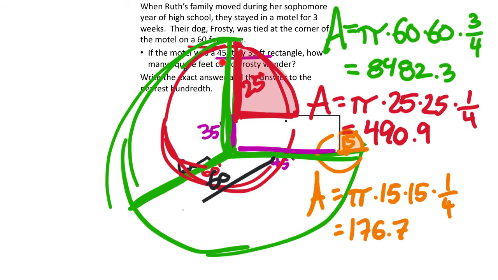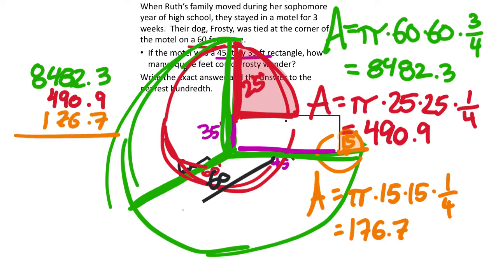Now, don't get caught up in the fact that the red and the orange here are also in the green, but we already covered that with the green area right here, okay? So to figure out the amount of area that old Frosty can cover, we're going to take that 8,482.3, and also the 490.9, and the 176.7.